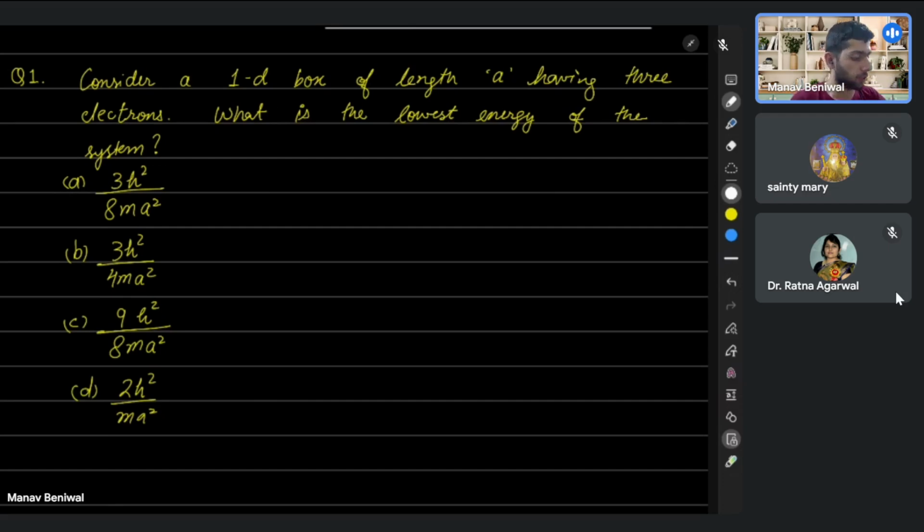Okay, so first of all, let me draw the one-dimensional box. So this is how the potential looks, correct? This goes all the way to infinity. Let's say this is 0 and this is a.